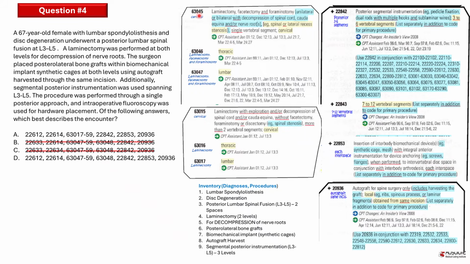63047. This is the code for the laminectomy, facetectomy, and foraminotomy, unilateral or bilateral, with decompression of spinal cord, cauda equina, and/or nerve roots.